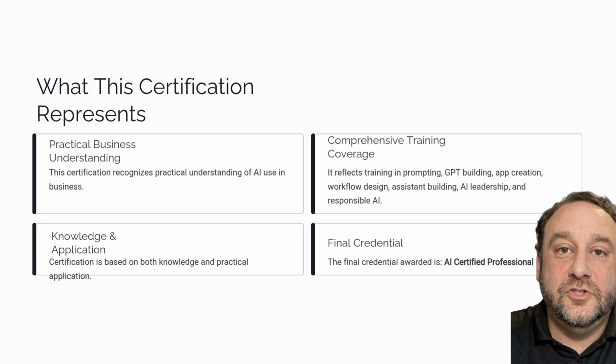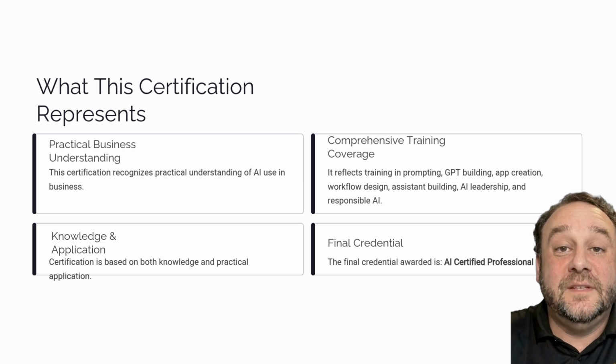The goal is to show that you understand the material and can apply it in a real world setting. The training covered several important skill areas: prompting, GPT building, app creation, workflow design, assistant building, AI leadership, and responsible AI use. Together, those topics form a strong foundation for using AI productively and professionally.